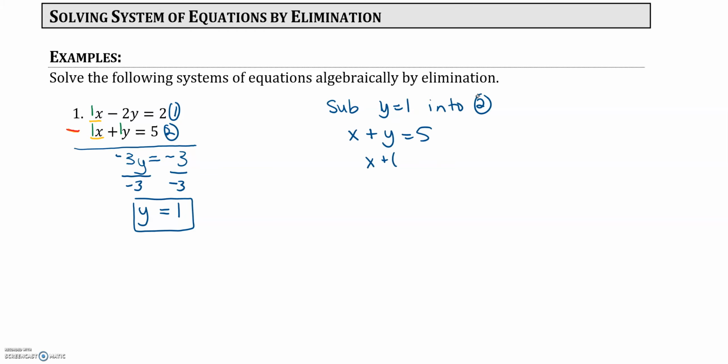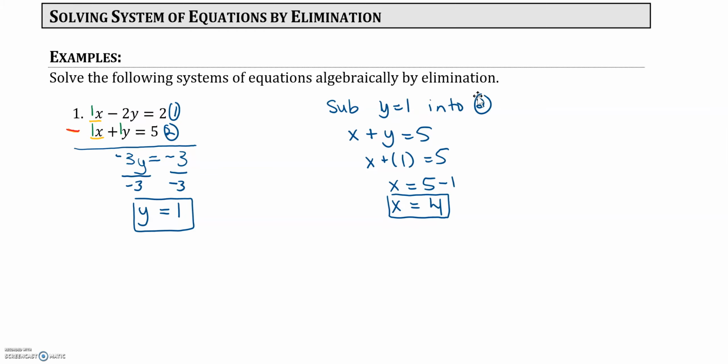We plug in 1 for y, and we find that x is equal to 4. The decision to use equation 2 was really just an arbitrary choice, mostly because that equation has smaller coefficients and is easier to work with. But if you sub it into either equation, you will get the same solution.